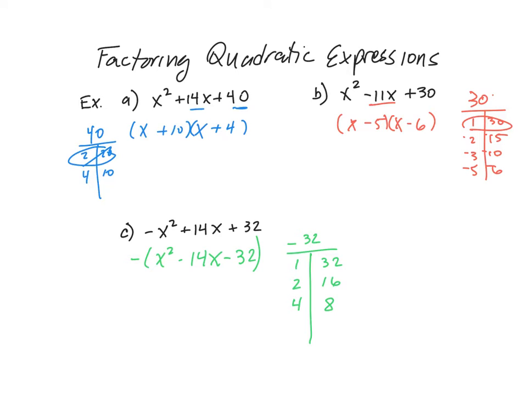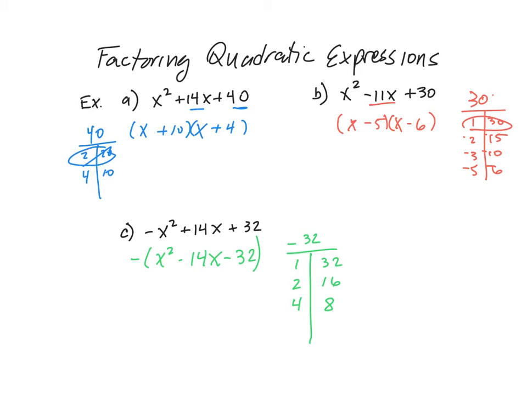And looking at my factors of what would now be negative 32, in order to get negative 32, one of my factors is going to have to be negative, because a positive times a positive or a negative times a negative is not going to give me a negative. So one of my factors will have to be negative.